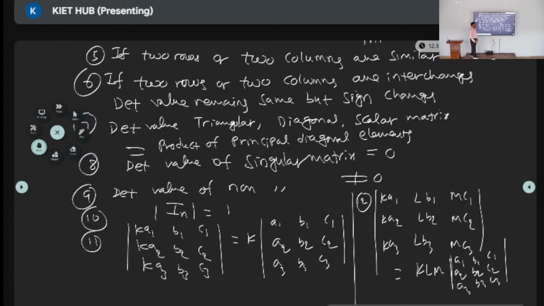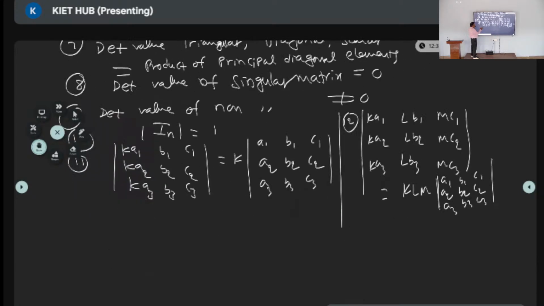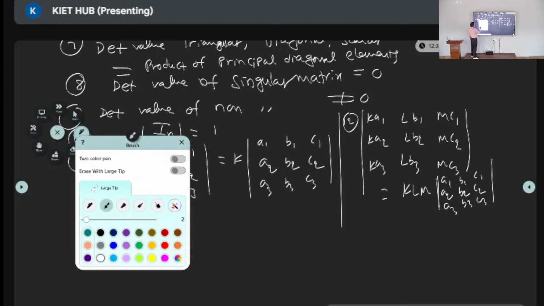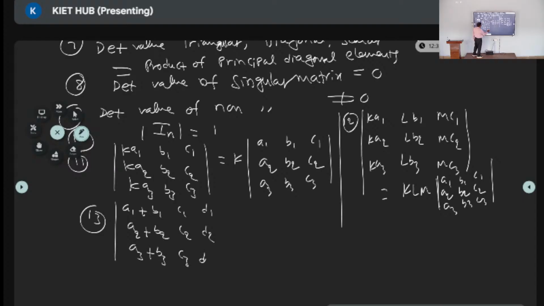13th property. A1 plus B1, C1, D1, A2 plus B2, C2, D2, A3 plus B3, C3, D3.